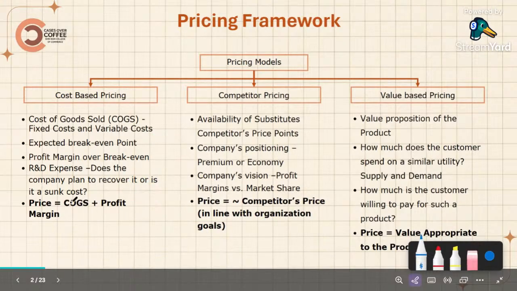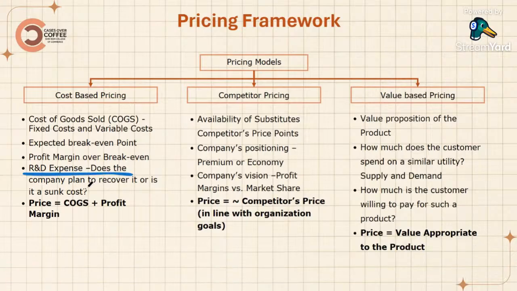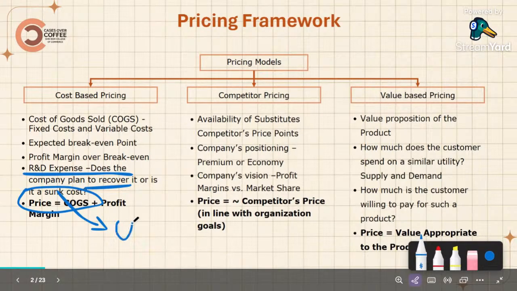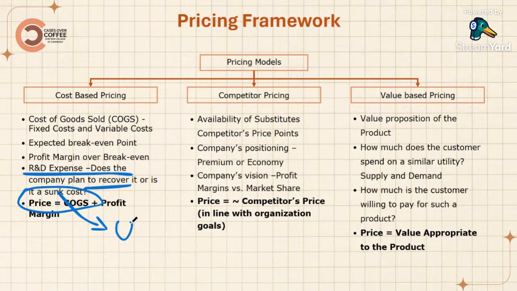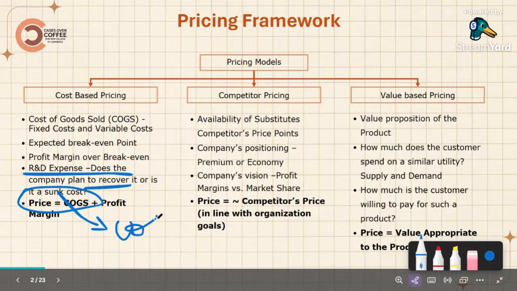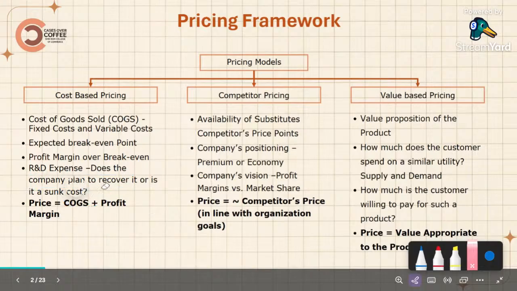There is one more important thing, which is the R&D expense, whether the company plans to recover it or whether it is a sunk cost. So what is the sunk cost? I guess you'll be learning this in your cost accounting. Sunk cost is a cost which cannot be recovered regardless of future decisions. Let's say there is some expenditure which has been incurred in the development of the product.